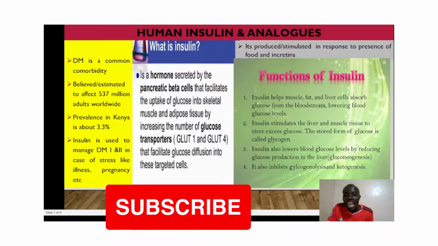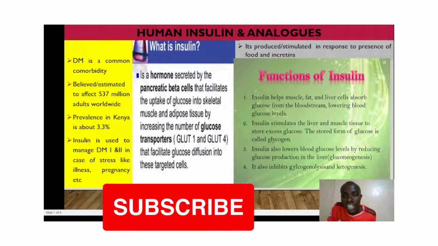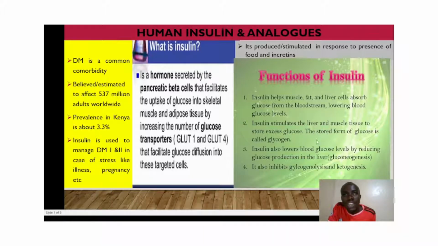So what are the functions of insulin? It helps muscle, fat, and liver cells to absorb glucose from the bloodstream, and when it does this, it lowers glucose levels. Number two, it stimulates the liver and muscle tissue to store excess glucose, so insulin is involved in the formation of glycogen.